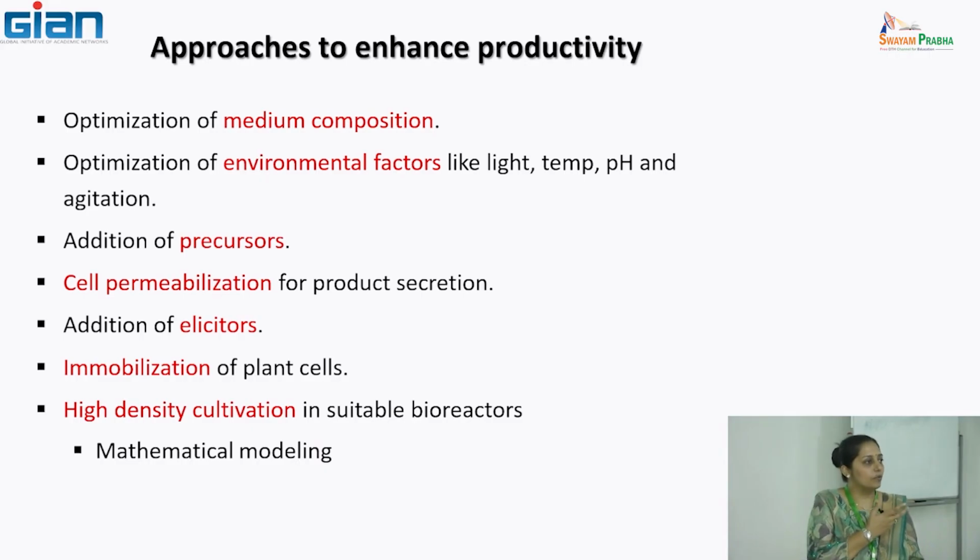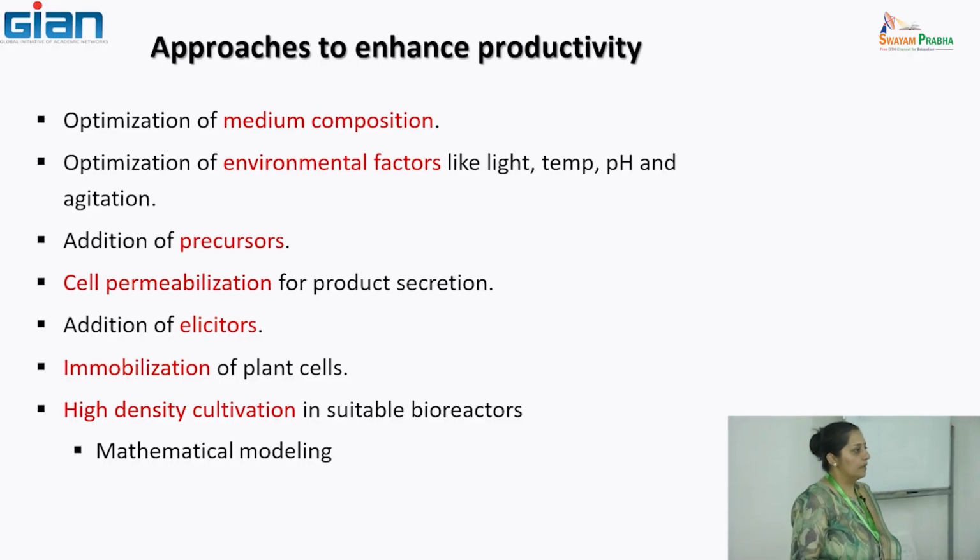Like in the case of microbes, generally bacteria, if you are doing bacterial fermentation, you don't bother about light. But in plant cells, you might have to look into the impact of light. Having said that, because these are in vitro systems, generally we try to make them heterotrophic. Now, it is important to also investigate what impact light is going to have on secondary metabolite synthesis, apart from the biomass. Again, you should take cues from nature.